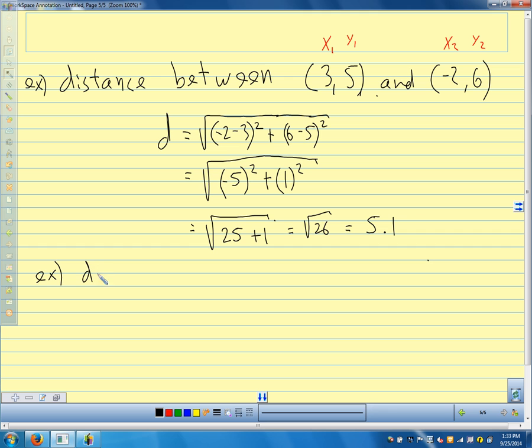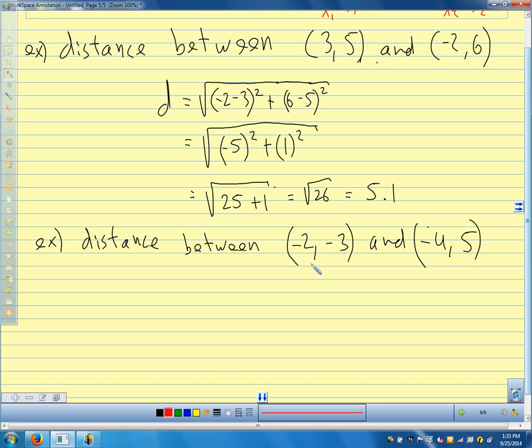So let's look at another one really quickly. Students often make mistakes here. So we want the distance between negative 2, negative 3, and negative 4, 5. So let's label our points x1, y1, x2, y2.